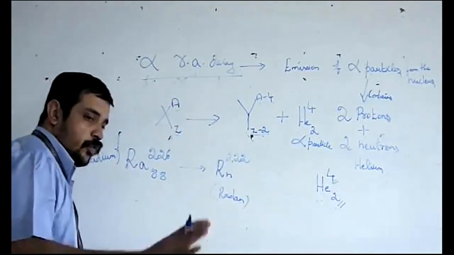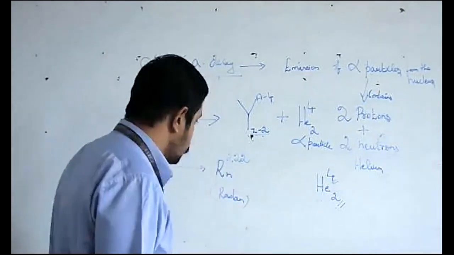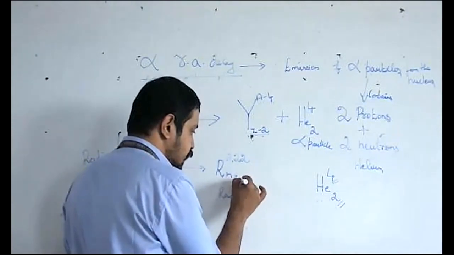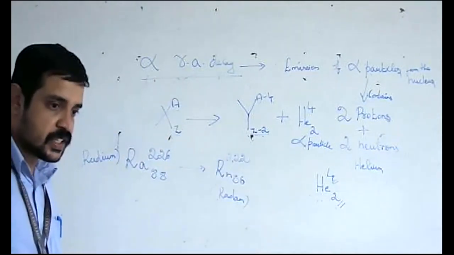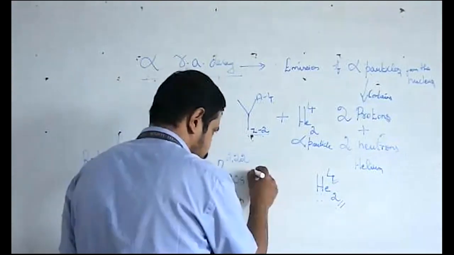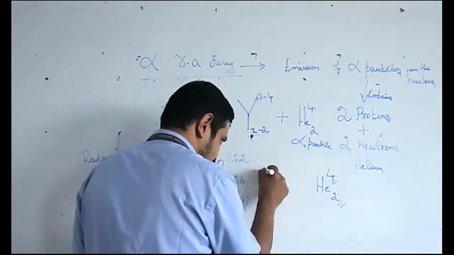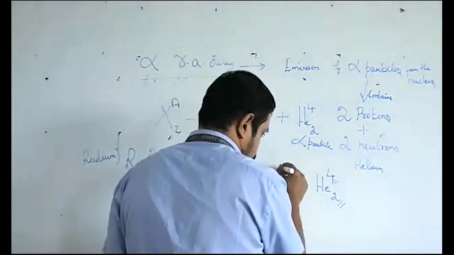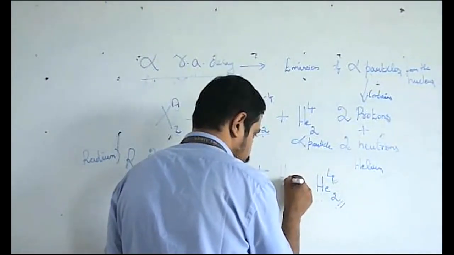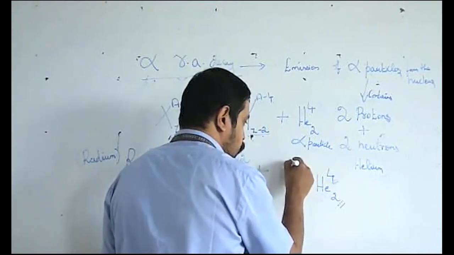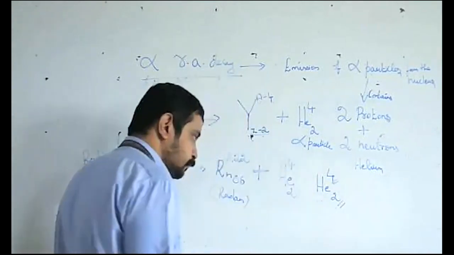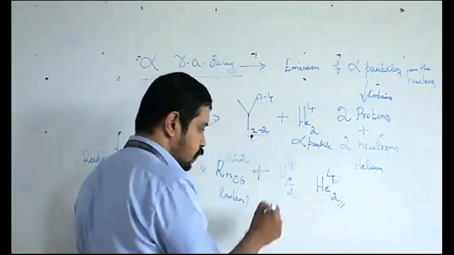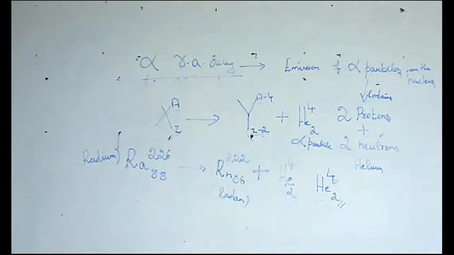Because 4 has to be subtracted, and here it should be 86, plus helium, the same, 4 and 2. Correct? 4 is the mass number, 2 is the atomic number.